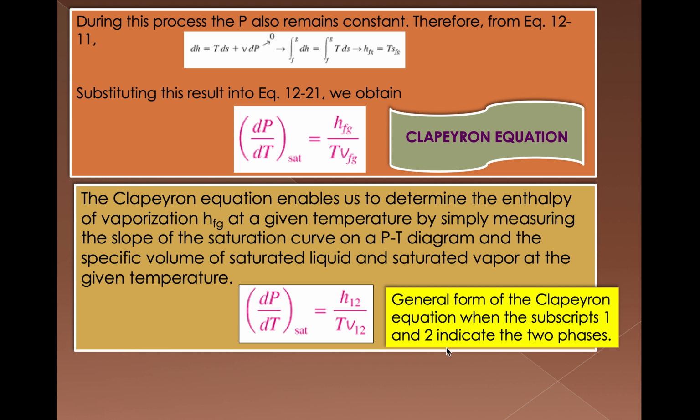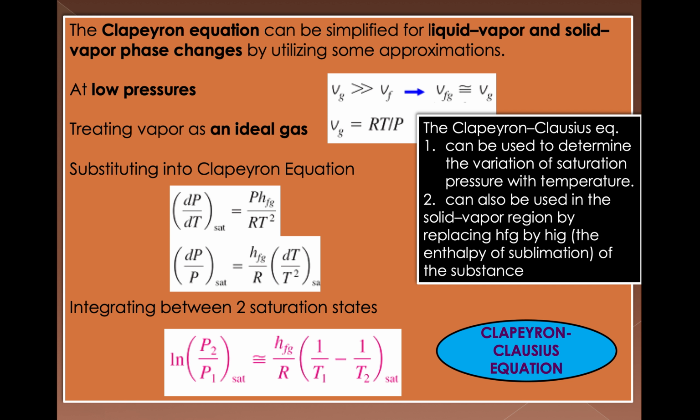This is the general form of the Clapeyron equation, where the subscripts 1 and 2 indicate the two phases. We can derive further, as the Clapeyron equation can be simplified for liquid-vapor and solid-vapor phase changes by utilizing some approximations.